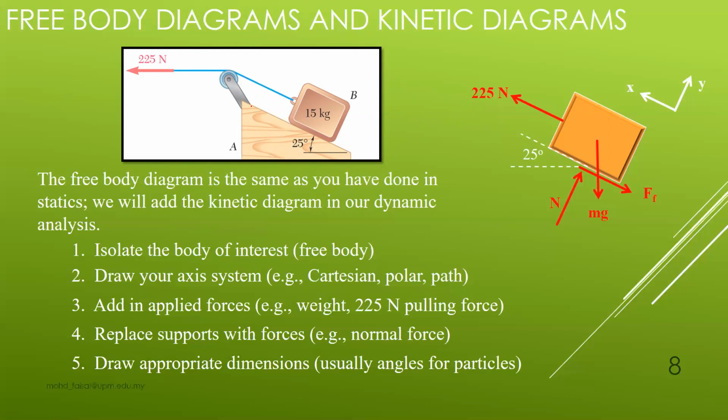It is placed on a slanting surface with an angle of 25 degrees, block B. Then here is the right triangle, the block A, attached to this particular line or rope, and this rope is being pulled by 225 Newton of force to the left.